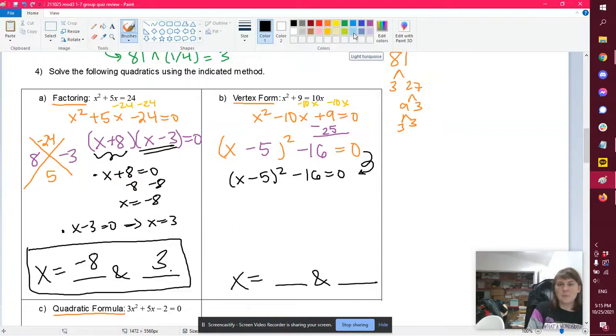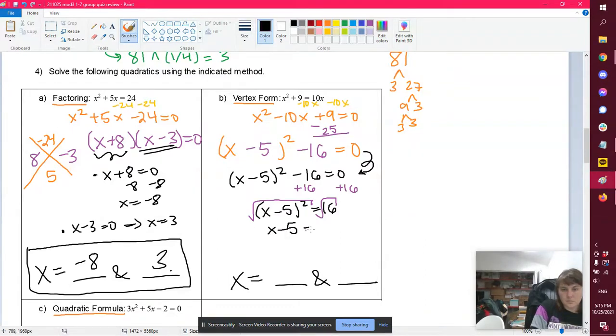It's not our answer, though, because our answer will be 2 numbers that equal x. The way to get our answer is we're going to add 16 to both sides. We're going to take the square root of both sides, knowing that whenever we take the square root, that's when the plus or minus comes in.